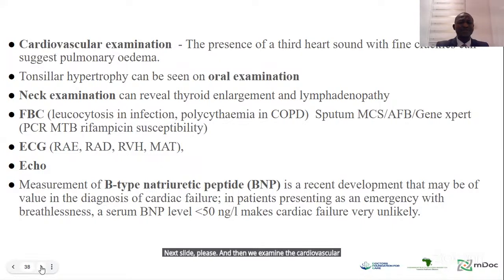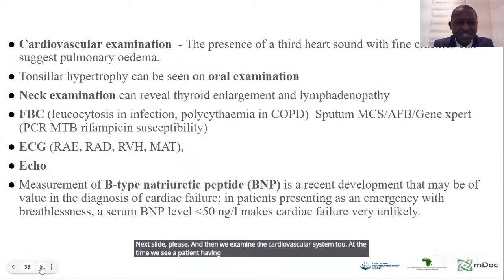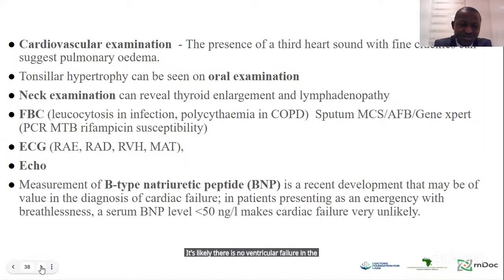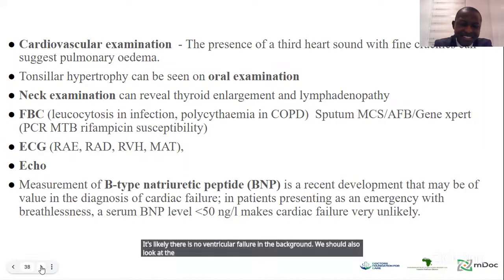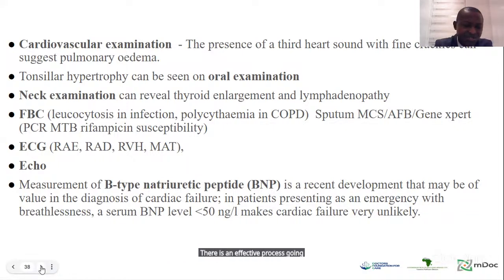By the time we see a patient having a thickened arterial wall, raised jugular venous pressure, and a third heart sound, it's likely there is left ventricular failure in the background. We should also look at the ear, the nose, and the throat, and make sure there are no enlarged tonsils, and the thyroid gland is not enlarged. Of course, basic investigations: full blood count, if there is an infective process going on, we'll see it, electrolytes and others, urinalysis.